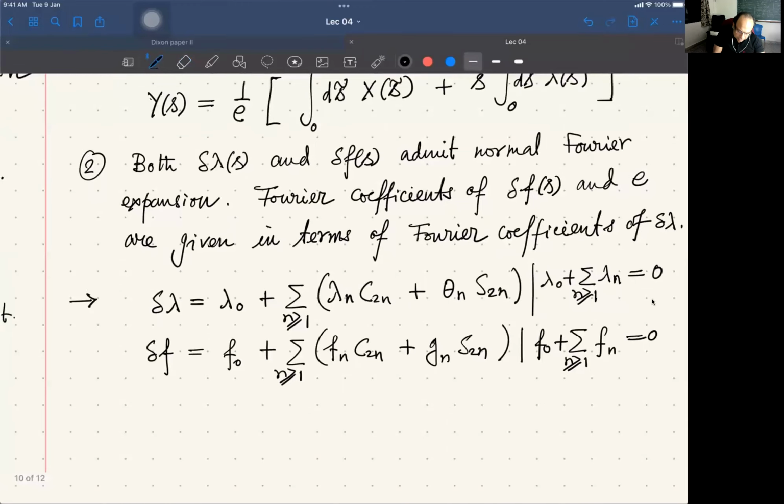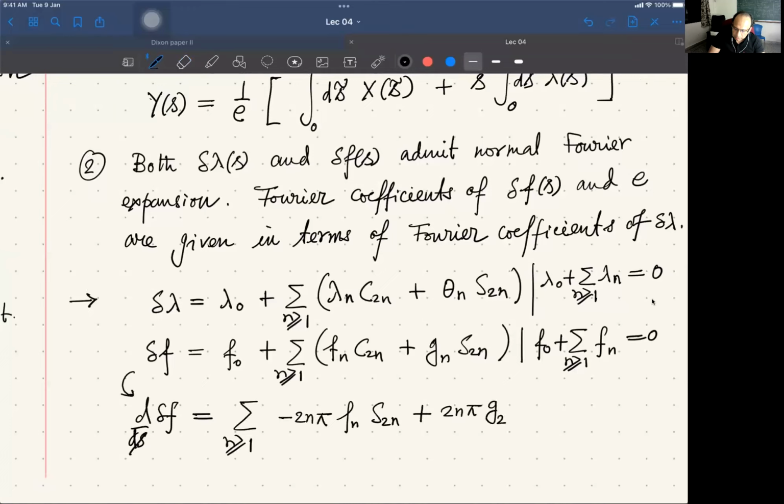Then given this, we can calculate d/ds of delta f, and that's given by sum over n greater than or equal to 1 of minus 2 n pi fn s2n plus 2 n pi gn c2n.